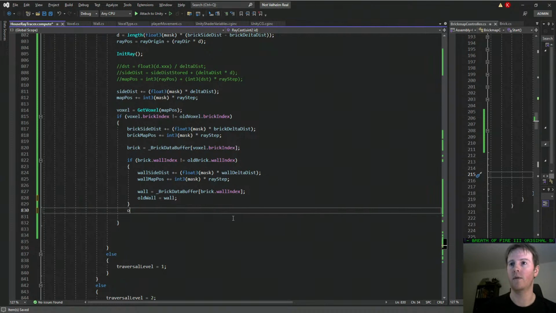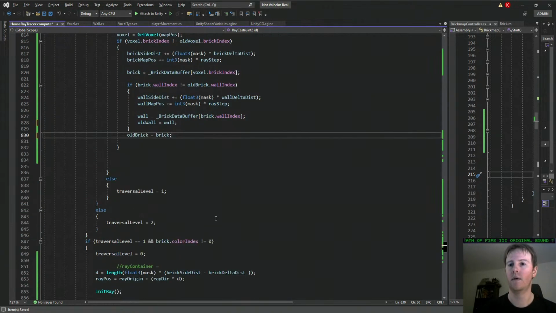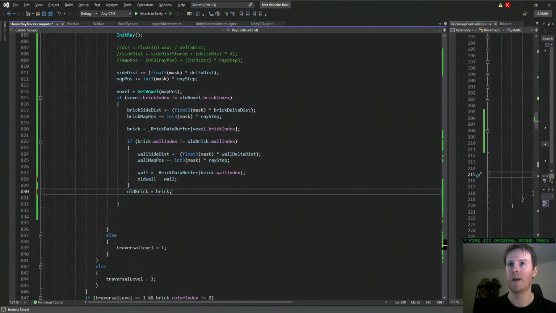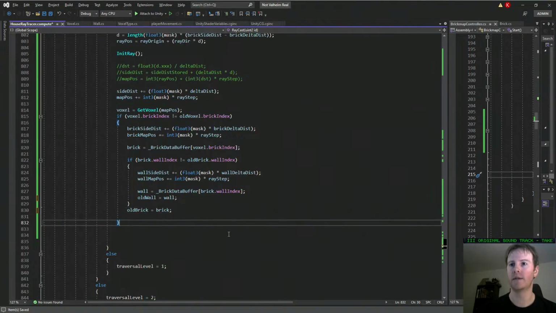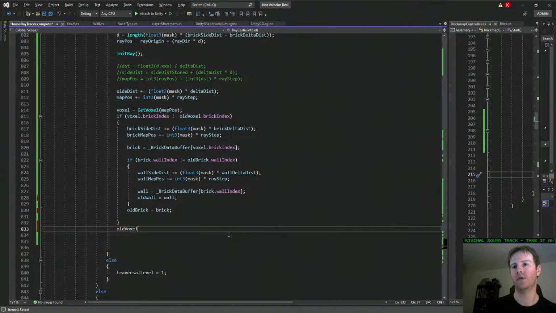Here we set old brick equals brick, and here we set old voxel equals voxel.